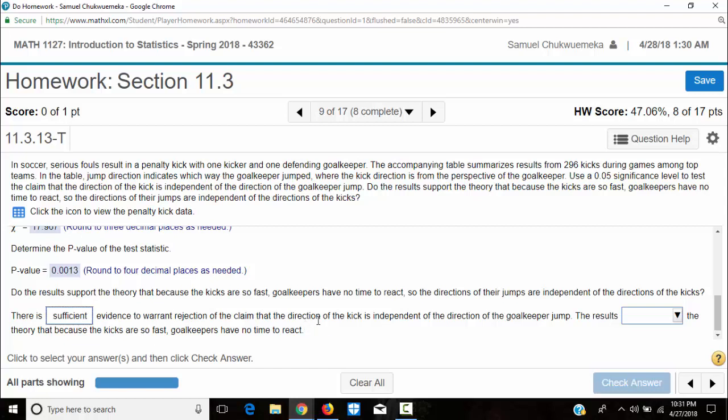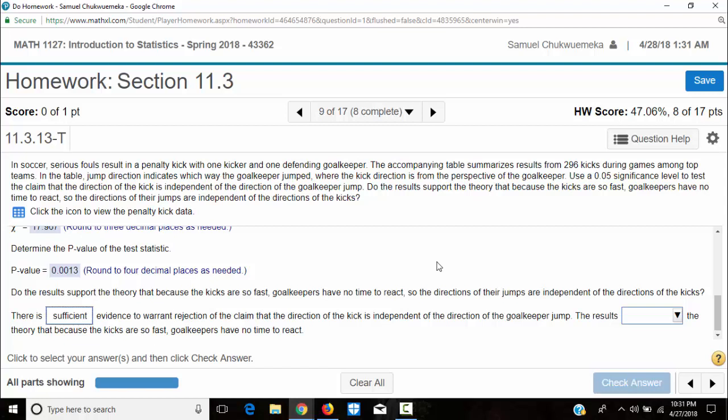So this result: the kick direction is not independent of the jump direction, because you're rejecting the null.